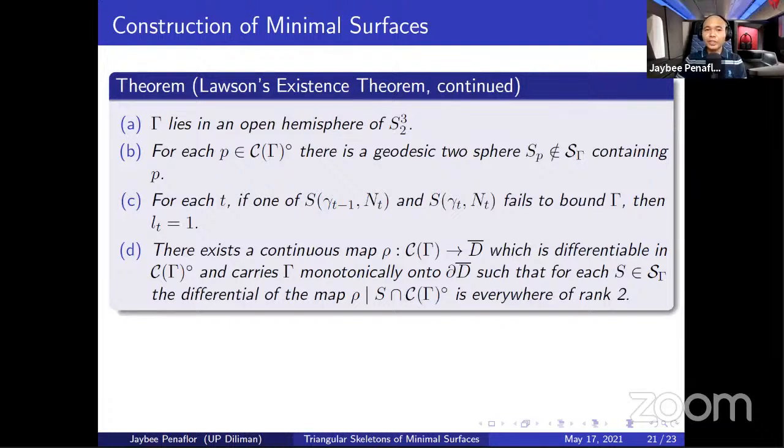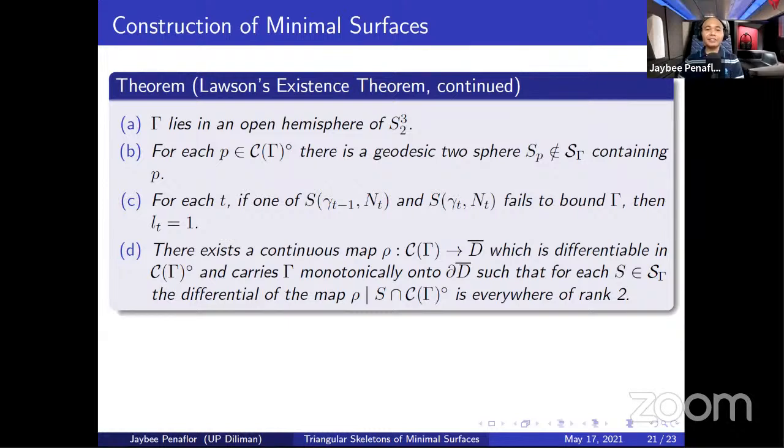Second, for each point P in the interior of the convex hull, there's a geodesic two-sphere, S sub P, that's not in scripted S sub gamma containing the point P. For each T, that means that for each vertex, if you have 2 successive, this is, let's say, the previous side, and this is the next side, and the common perpendicular end of T fails to bound gamma, then L of T equals 1.